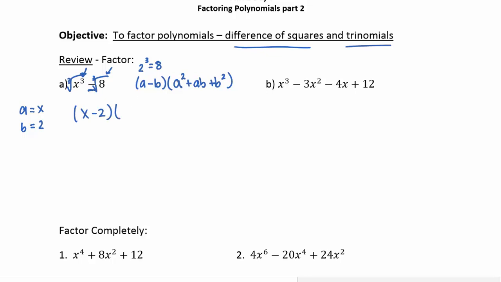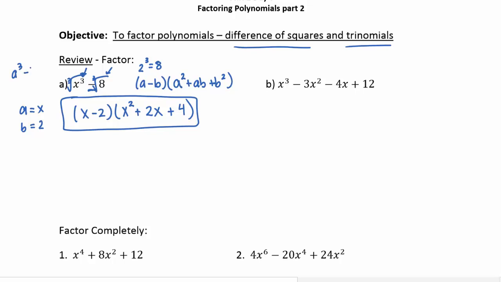Then a squared is x squared, ab is 2x, plus 2x, and b squared is 2 squared, which is 4. All we're doing is plugging into that formula, because this expression is a to the third minus b to the third. We break it down. That's how you do a difference of two cubes.